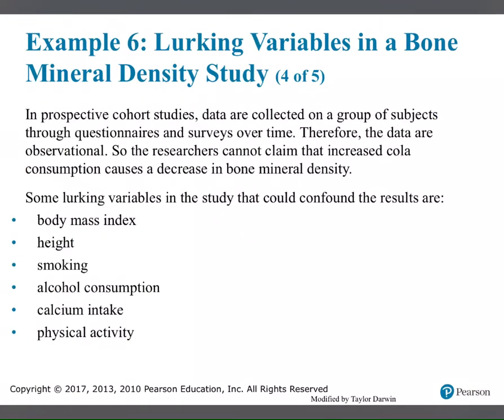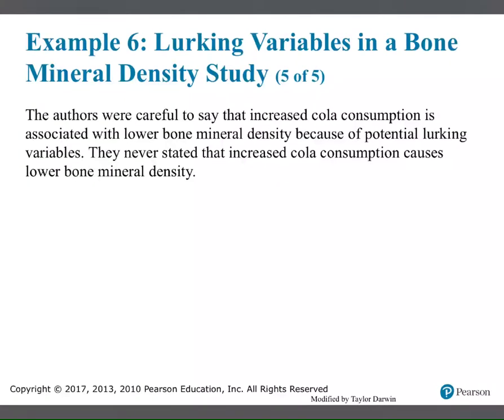But we see here that there are some other things that could affect bone mineral density. Those include, but are not limited to, BMI, height, smoking, your alcohol consumption, your intake of calcium, and your physical activity. So basically, the moral of this is you have to be really careful about saying this causes that.